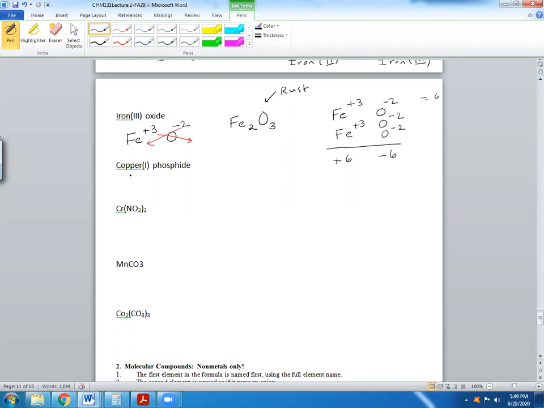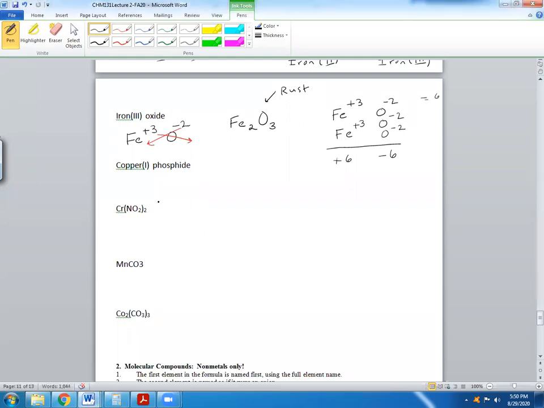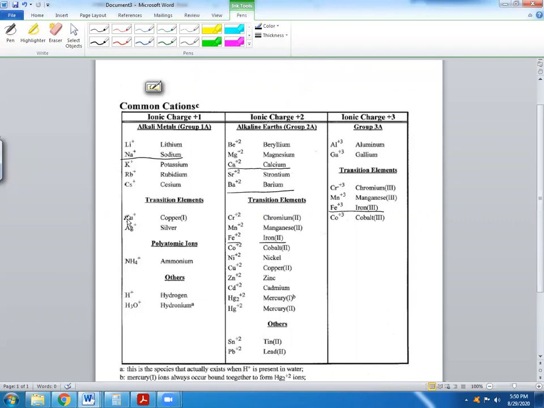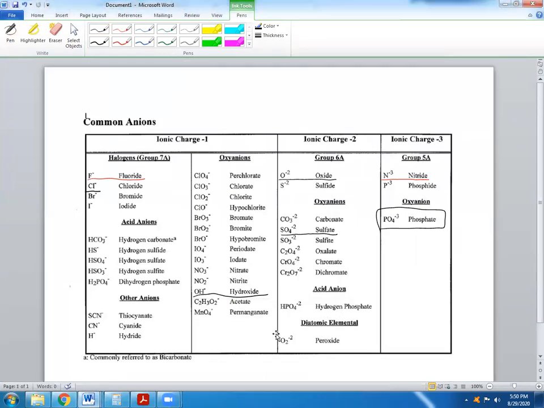The next one, copper 1 phosphide. Okay, so let's go find copper 1. Or if you know the symbol, you'll know what it is. It's actually Cu plus 1. Here it is, copper 1. And since we're here, let's check phosphide. Phosphide is right there.